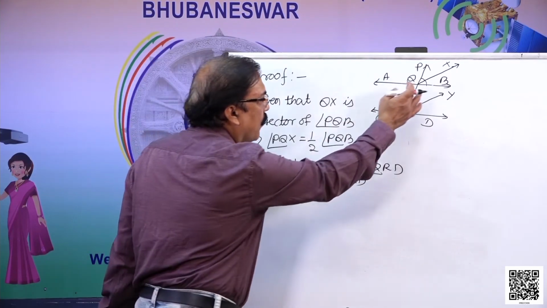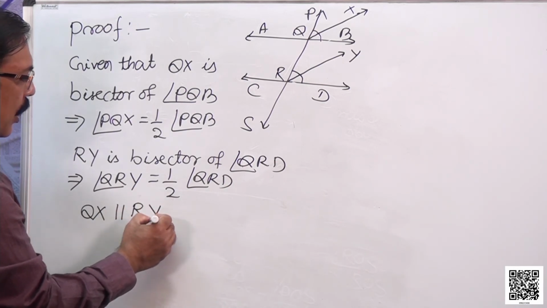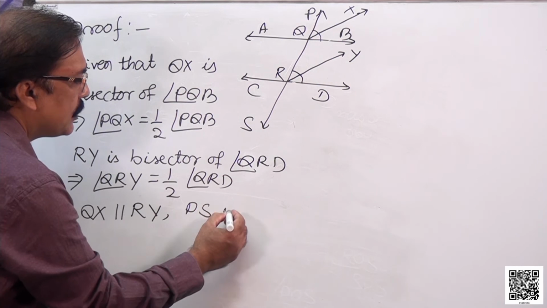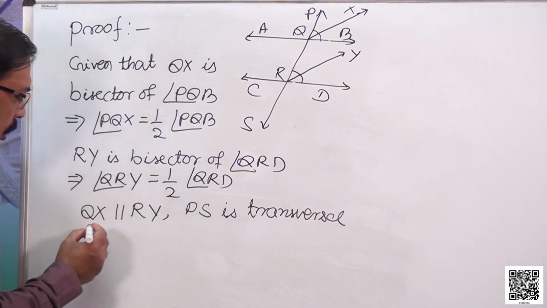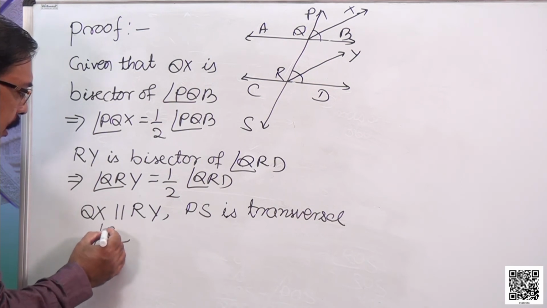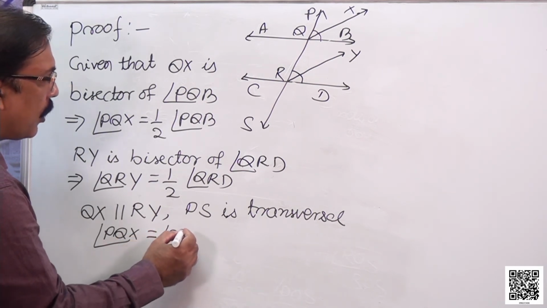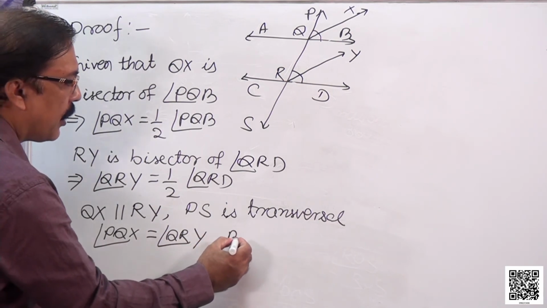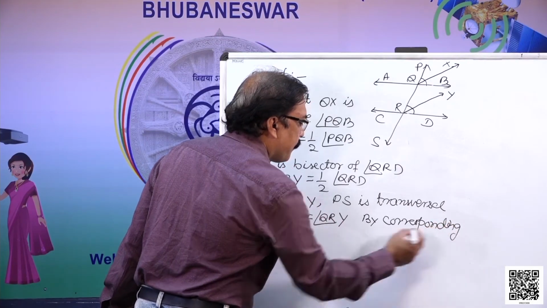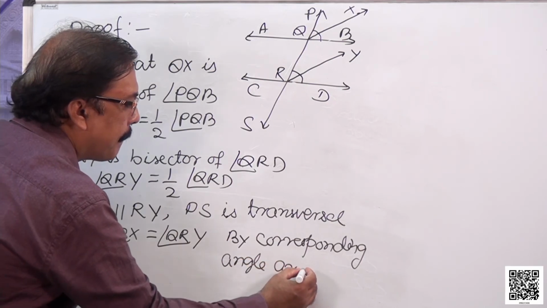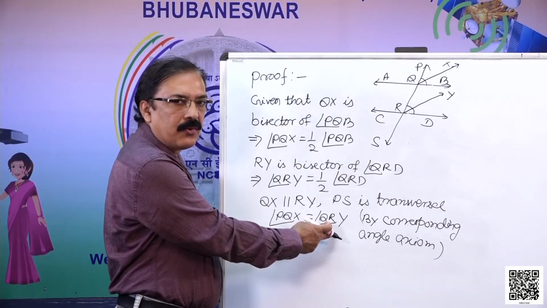Now you see, given QX is parallel to RY and PS is the transversal, so angle PQX is equal to angle QRY by the corresponding angle axiom. So up to this we get that PQX is equal to QRY.